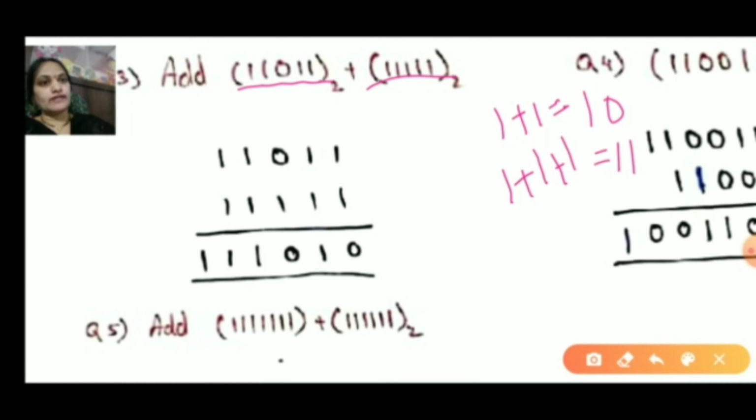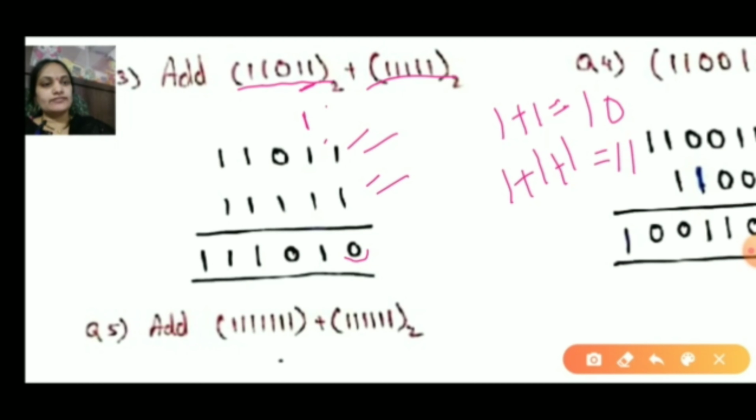Now you write these two numbers like this. Now add this 1 with this 1. So 1 plus 1 is 1 0. You write 0 here and 1 here.